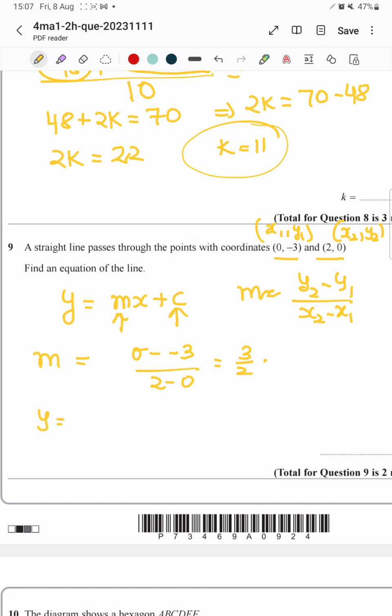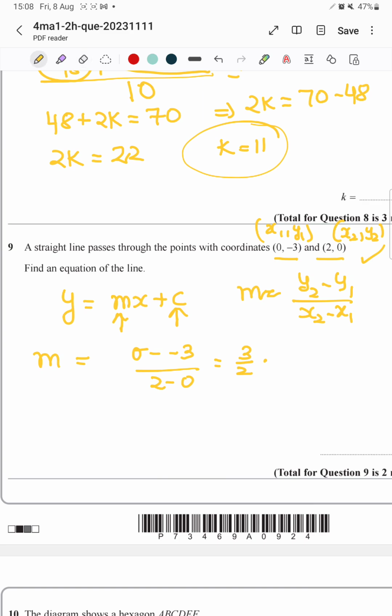Now I will substitute this value. So y is equal to 3 by 2 x plus c. Now because we have to find c, I will substitute one of the points, let's say (2, 0). So 2 is equal to 3 by 2 times 0 plus c. So I get c is equal to 2. Sorry, this is the other way around. The point is (2, 0).